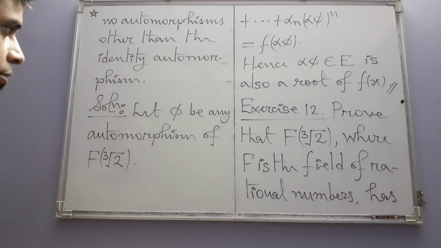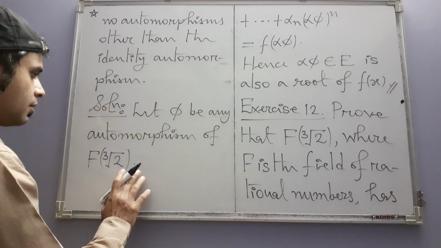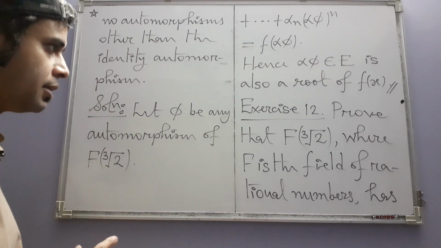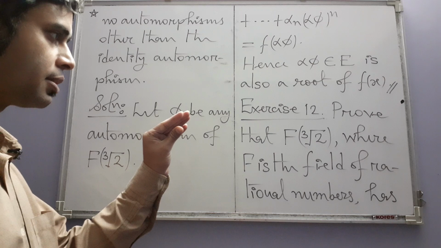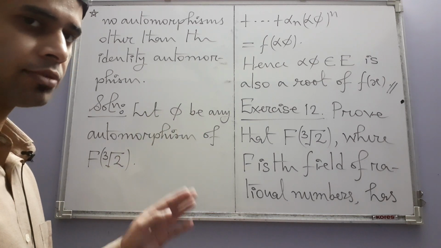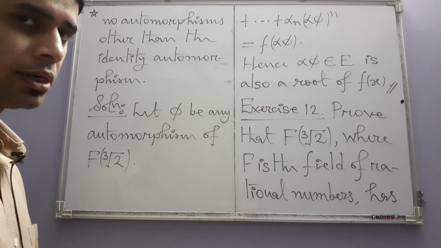Then phi being an automorphism, phi will fix two elements. Phi will fix the rational number 0, and phi will also fix the rational number 1.